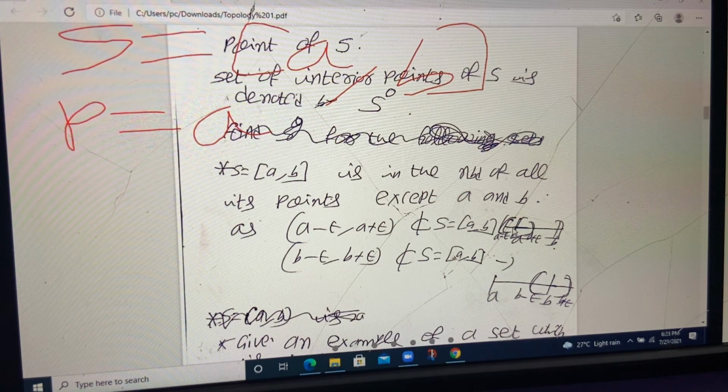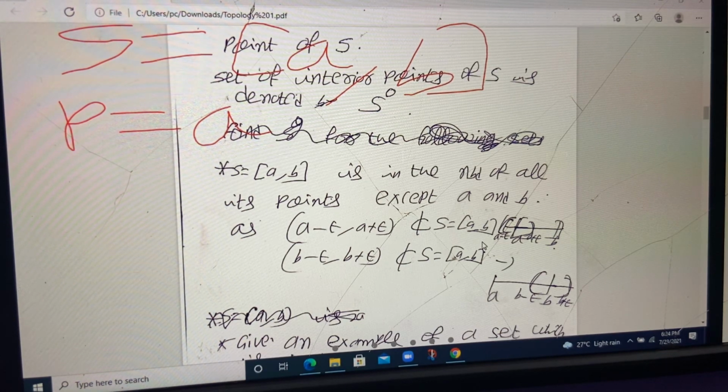Between A minus epsilon and A there are infinitely many real numbers, but these are not within this set. A part is inside, a part is outside. Therefore, A minus epsilon to A plus epsilon is not contained in S, so A is not an interior point, and S is not in the neighborhood of A.